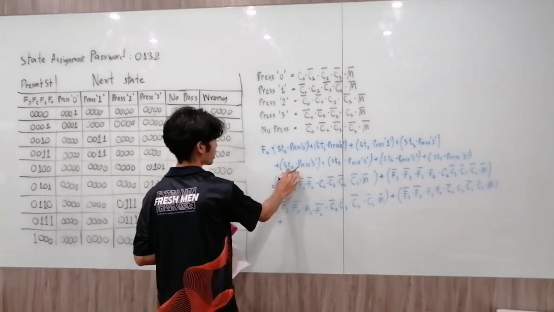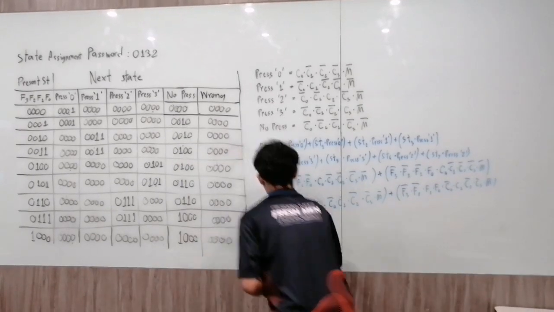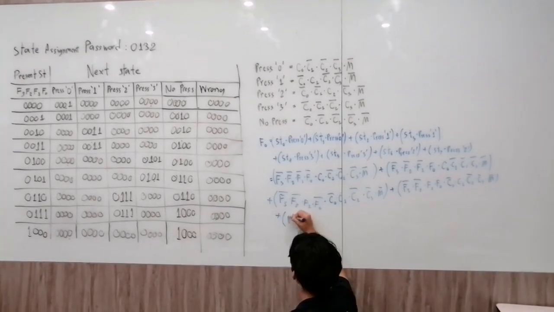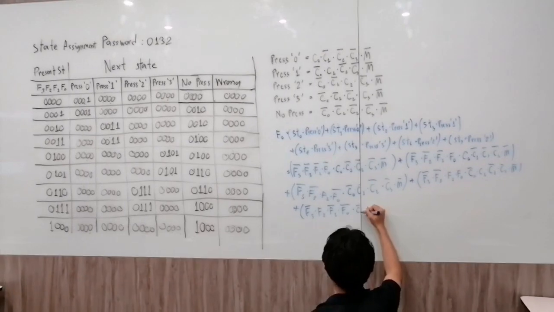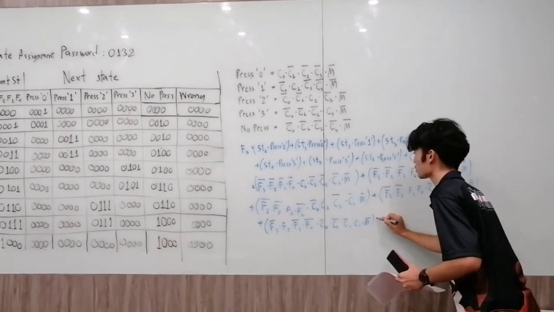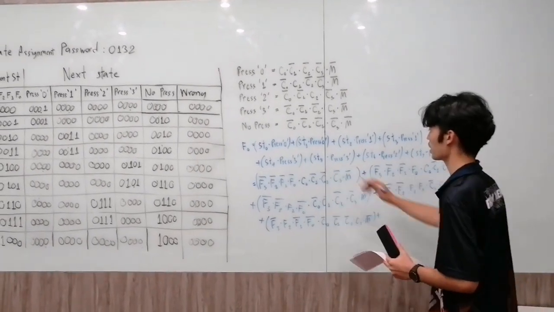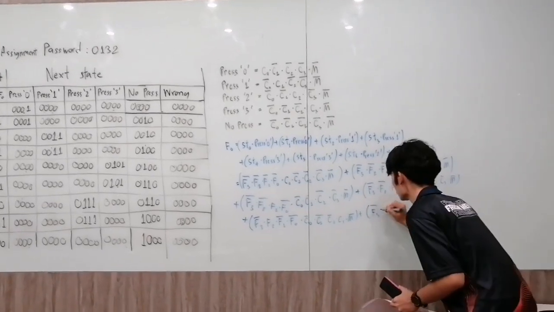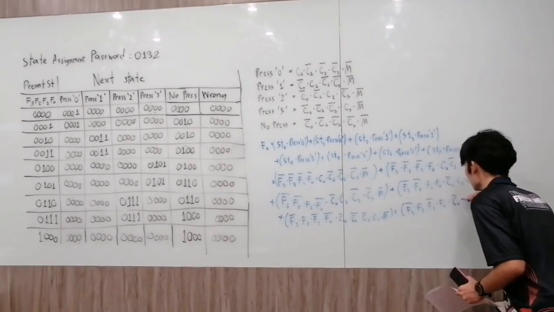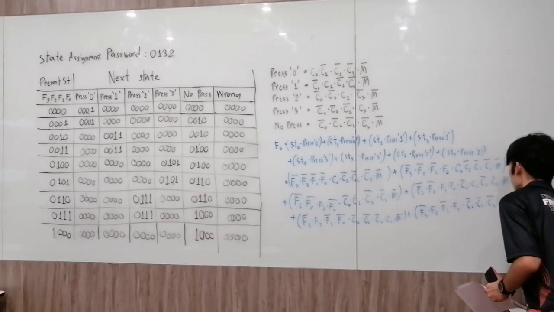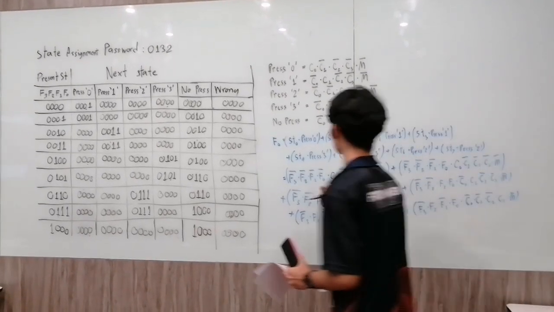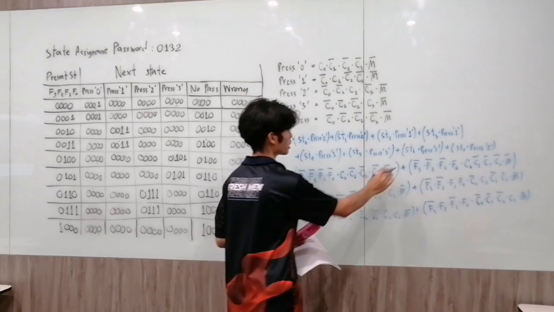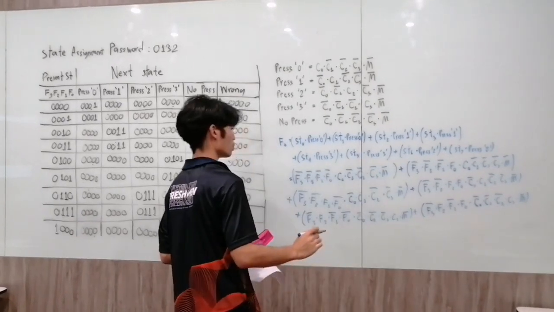Next is state 4 and with press 3. Next is state 5 and with press 3. Next is state 6 and with press 2.